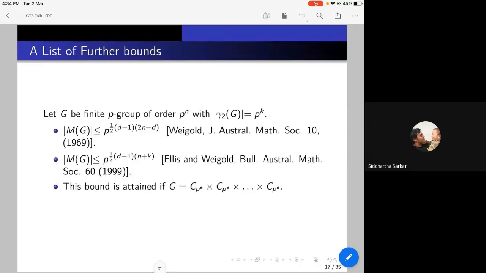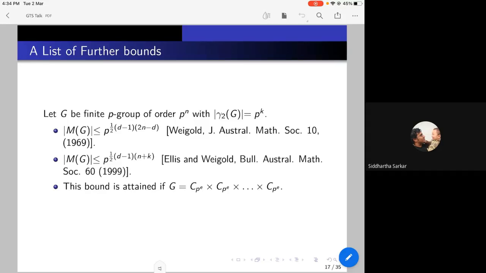Of course, it's not obvious that this is a refinement. So you see this 2n minus d can be written as n plus n minus d. So when you compare the terms n minus d and k, you see n minus d is always less than or equal to k for a finite p-group. Sorry, Pradeep.